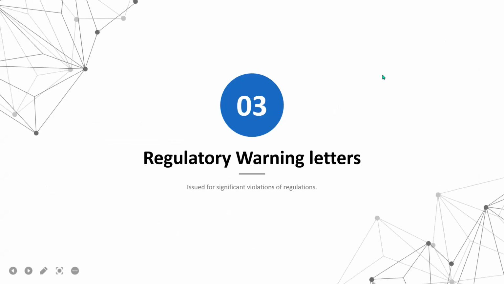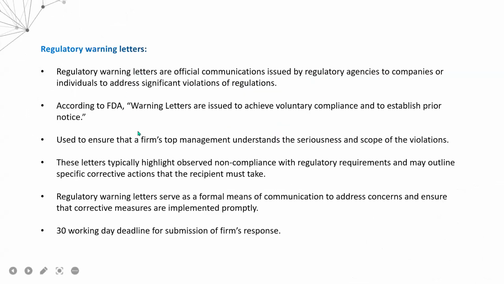So what is the regulatory warning letter? This is issued for significant violations of the regulations. Regulatory warning letters are official communications issued by the regulatory agencies to companies or individuals to address significant violations of regulations.